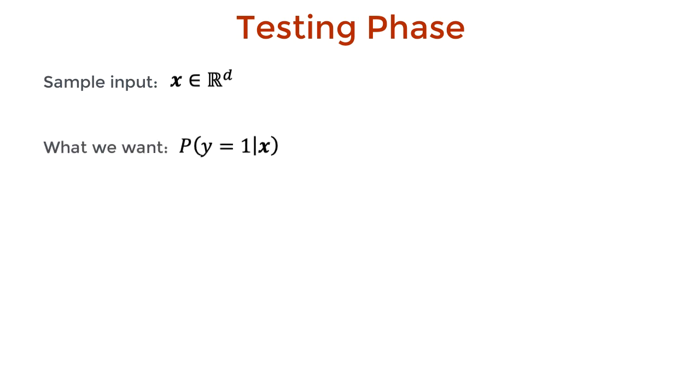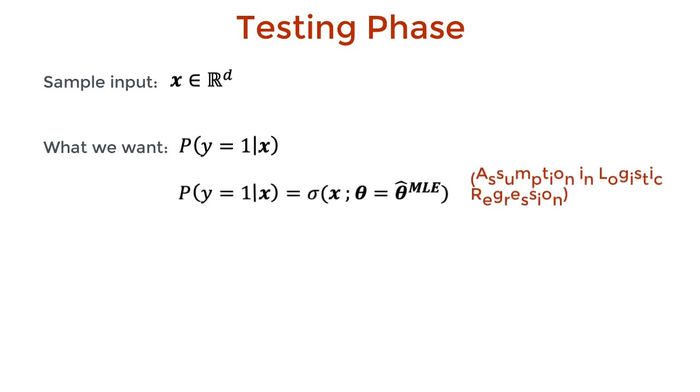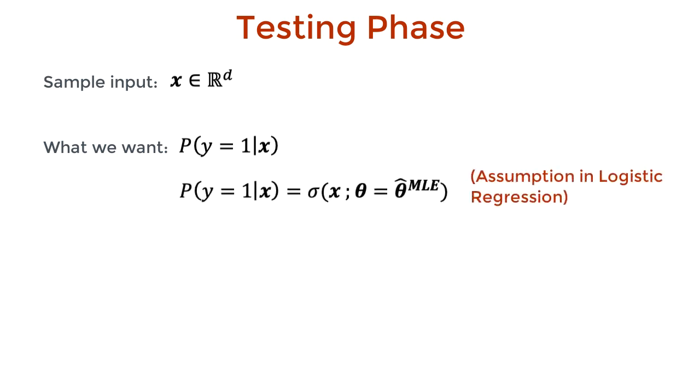During the testing phase now, when we have a sample point some x, the goal is now to compute the label y. In the binary classification case, we can determine the probability of being a positive label. And since this is logistic regression, we assumed that this probability could be computed by using the sigmoid function.